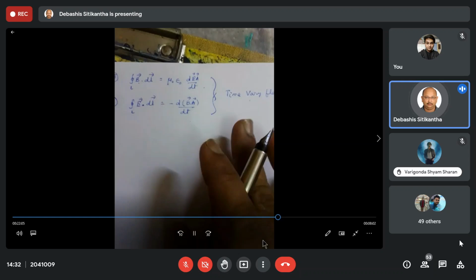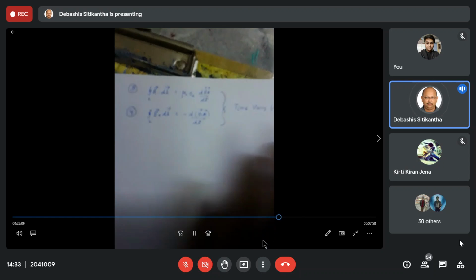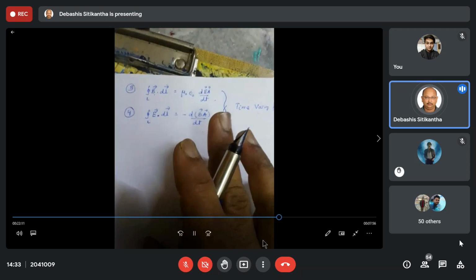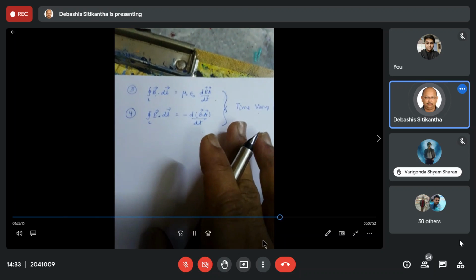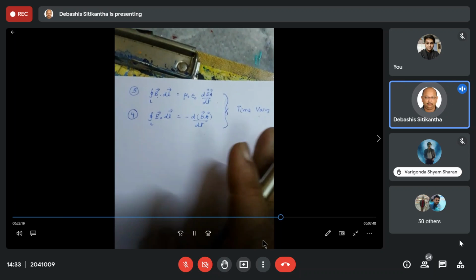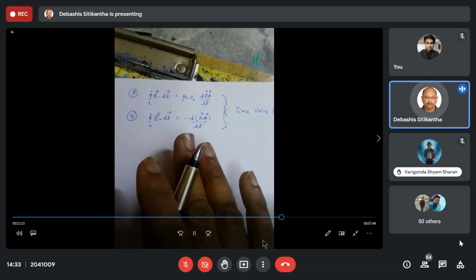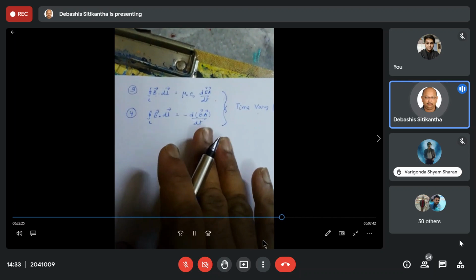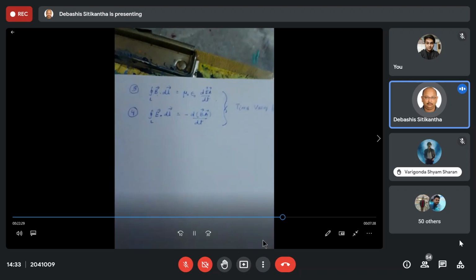Just remember, this is a very important point. Whenever there is a time varying electric field, there will be an associated magnetic field. Similarly, if there is a time varying magnetic field, it is bound to create a time varying electric field.